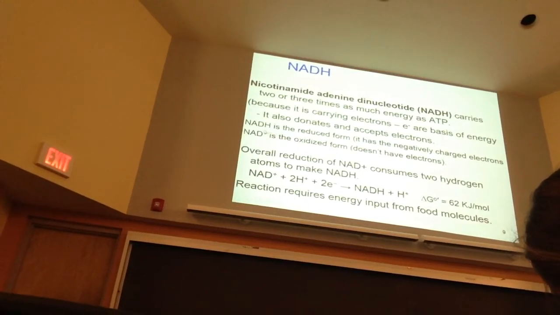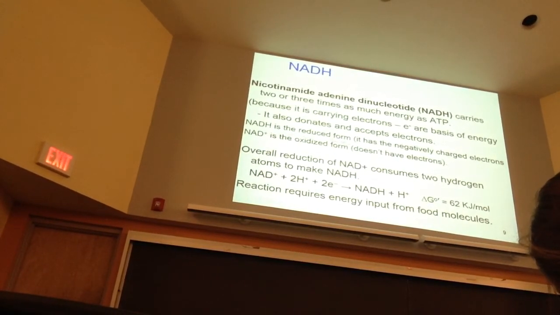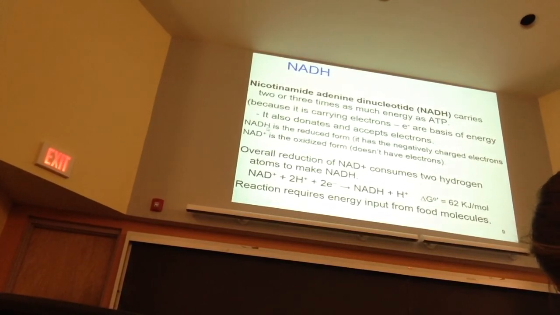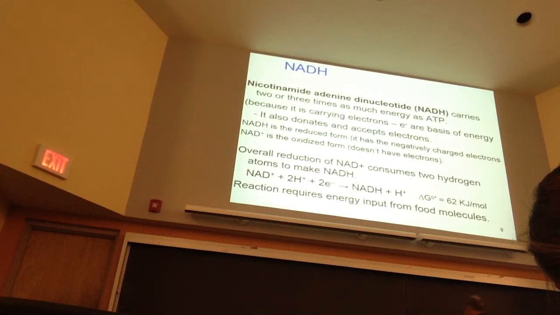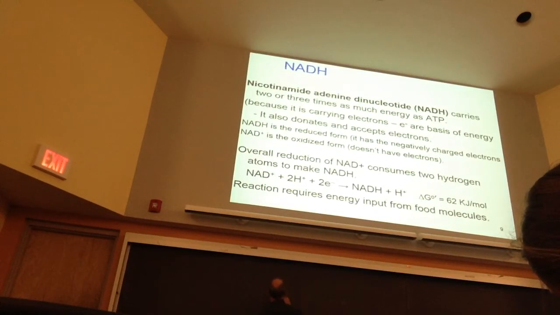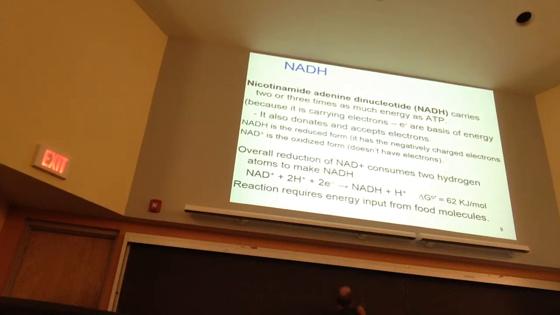So when NADH is in the reduced form, in other words, it has the negatively charged electrons, you can see that electron by looking at the hydrogen atom. Here's a proton plus an electron, which with 2 becomes hydrogen gas.